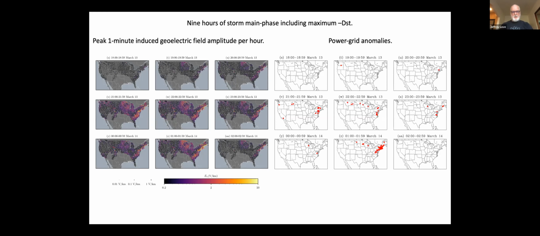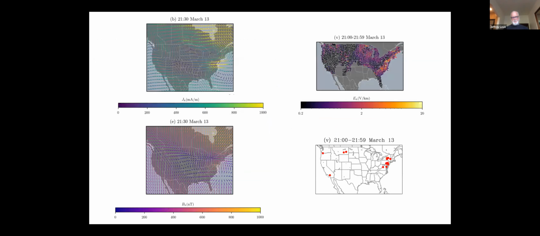There's quite good correlation here, and I'll just demonstrate that by looking a little bit more closely at a particular moment in time. This is a period of time here, hour 21 to 22 of March 13, when the magnetic storm was still amplifying. The auroral oval was still developing across the United States.